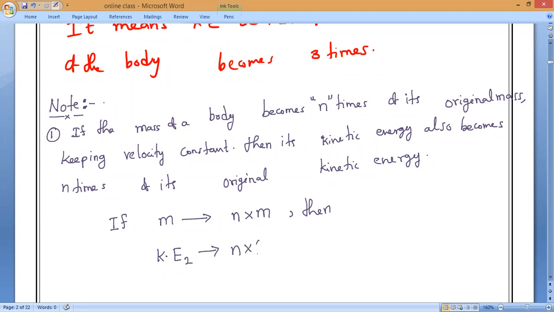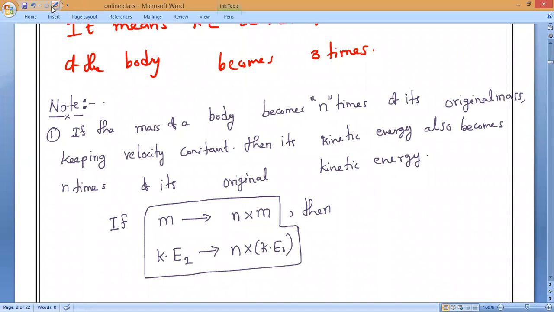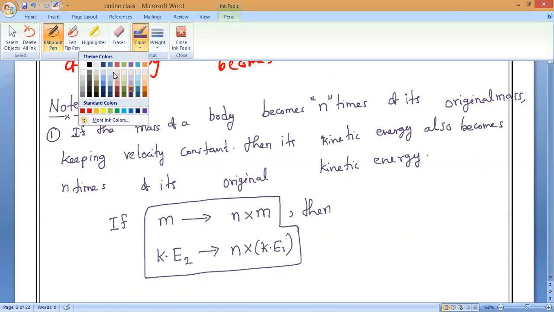How many times? N times, sir. N times. Are you clear, everyone? So whatever it is, if mass increases n times, the kinetic energy also becomes n times.